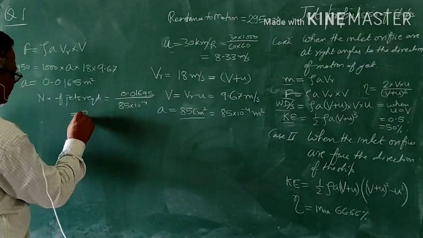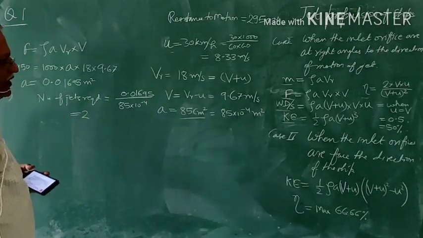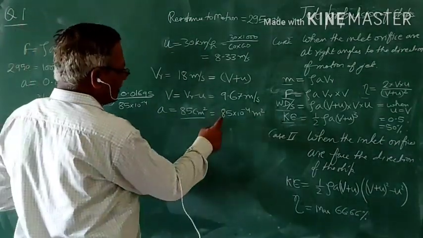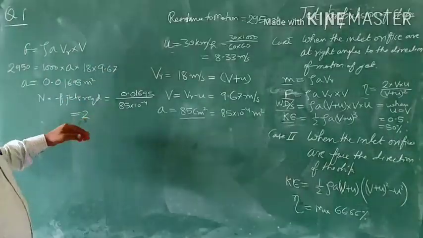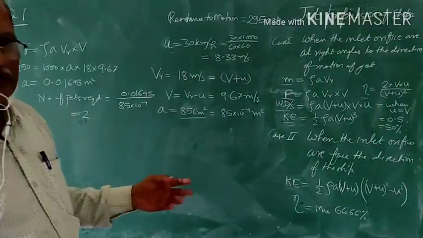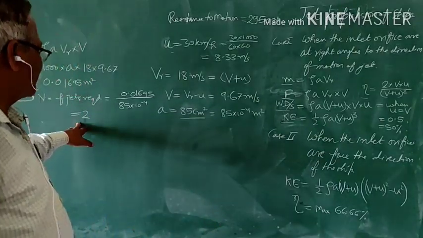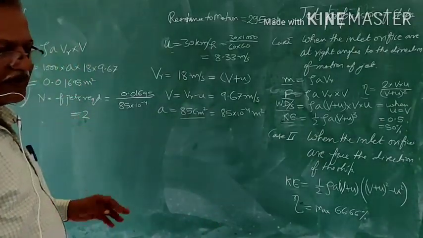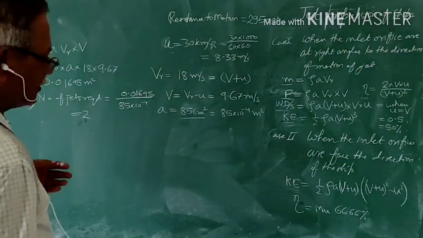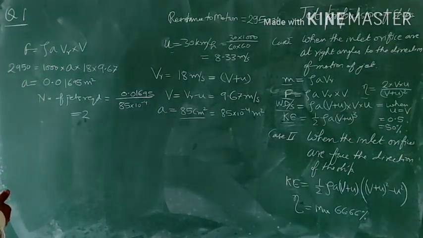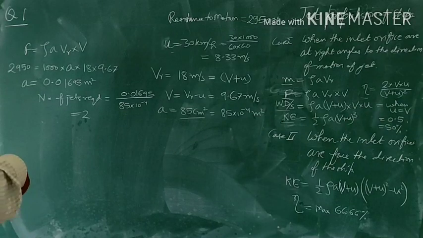So it is coming out to be 2. So we will be taking 2 jets of this area. If the value comes out to be more than 2, say 2.1 or 2.2, then we will write the number of jets required is 3. Or if it is coming more than 1.1, then we will say it is 2. So in this case it is 2.